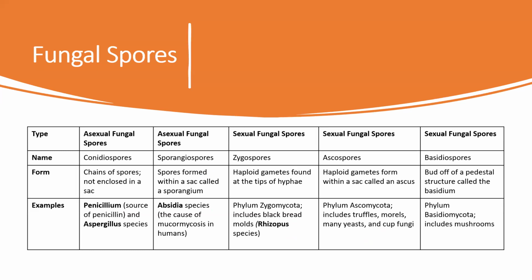And here's a nice little comparison of different types of spores. This can be fun to look at if you're interested in learning a little bit more about some of these structures and differentiating them. But in terms of what I want you to think about for class purposes, it's more along the lines of what are the haploid ones versus which are the diploid ones.